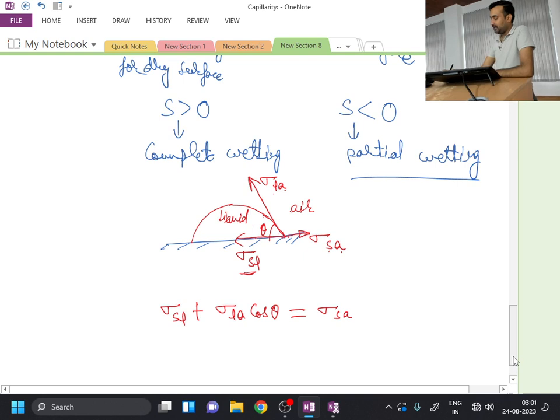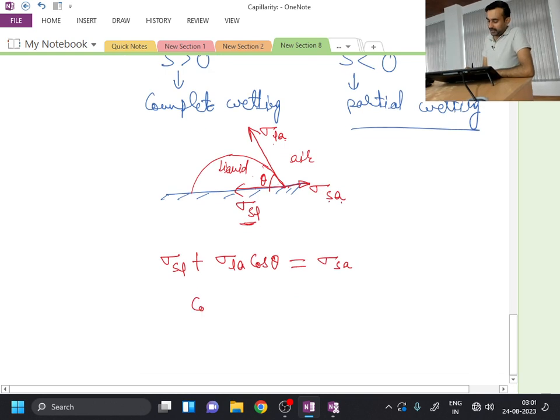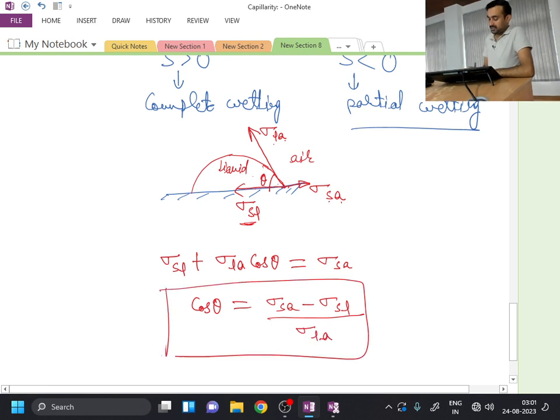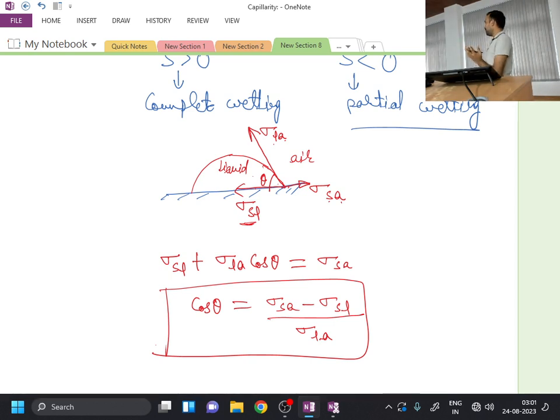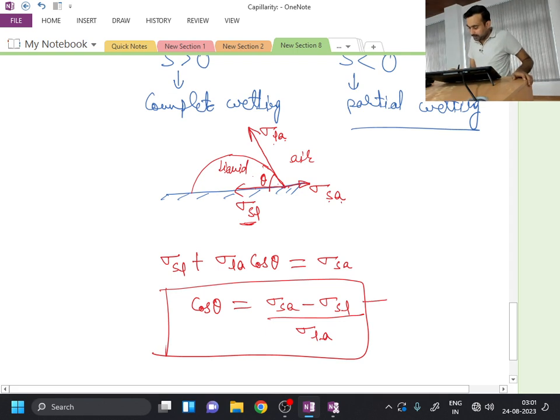From here, cos theta becomes equal to sigma SA minus sigma SL divided by sigma LA. This is a very important equation which gives us the final equilibrium shape of the droplet over a surface. This particular equation is called the Young-Laplace equation.